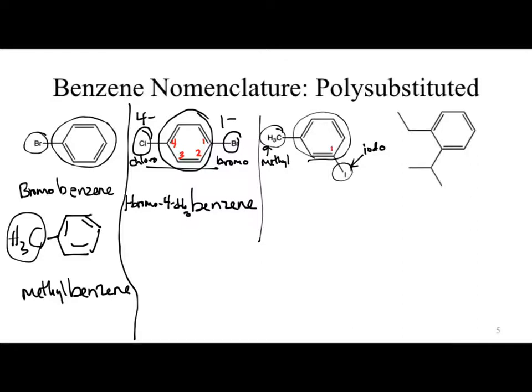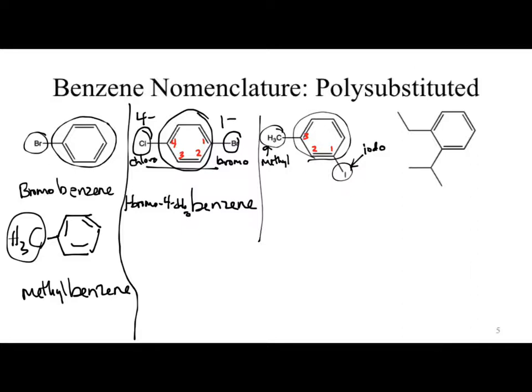I think it starts with the iodo, so that's 1. Where's 2? Left or up? Left. Why left? It's going to give us our lowest number. If we counted going up, we'd end up putting our methyl at position 5: 1, 2, 3, 4, 5. So we could refer to this as 1-iodo-3-methylbenzene.